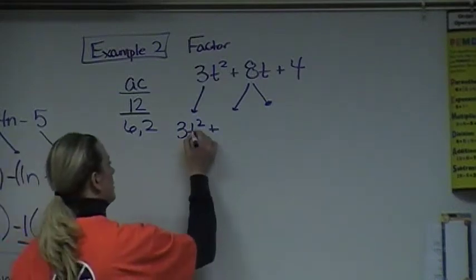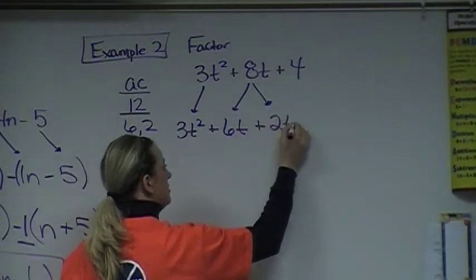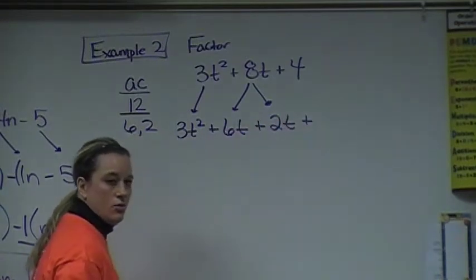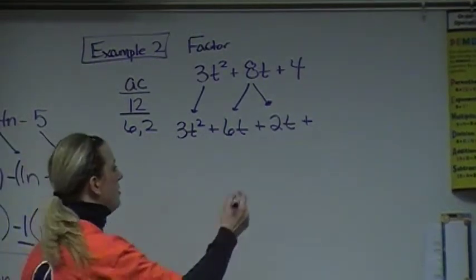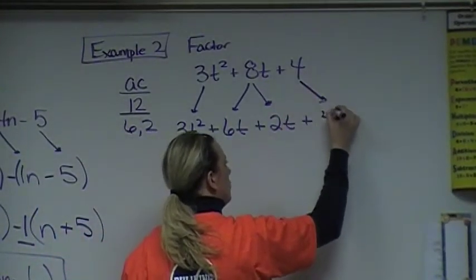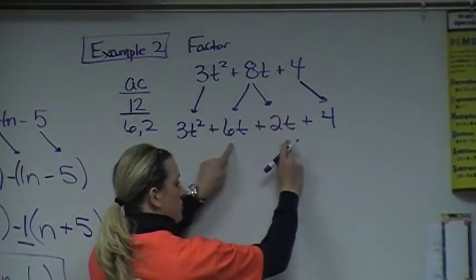Good, Laura. 6t plus 2t, correct. Plus, and then what's the last term? What is our last term? 4, right, Megan? Yep, 4. So we bring down the 4. So now we've got a 4-term polynomial. We just expanded it, kind of what we can think of. We bring down the first term, we bring down the third term, and we expand this into our 2 factors.